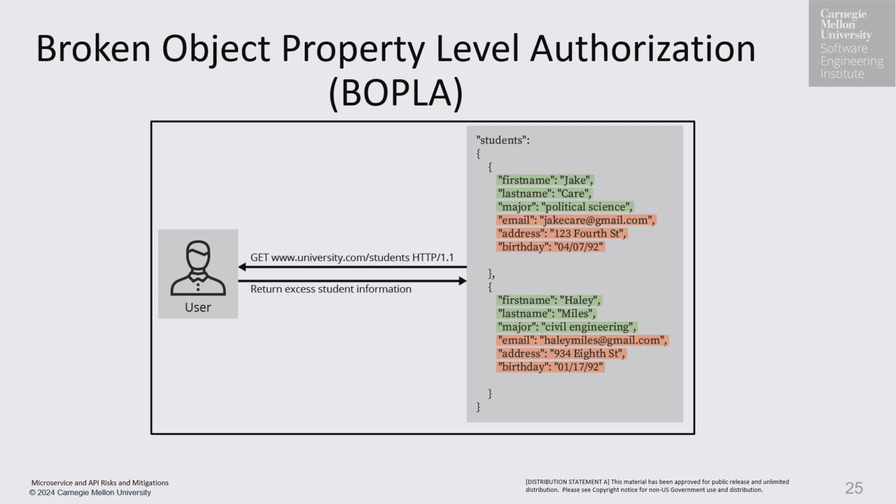Say, for example, you're on a university webpage and you're using their public API to view all of the students that have graduated that year. Some reasonable information for that API to give out would be the students' first names, their last names, and their major. But if that API also gives out their email, their birthday, and their physical address, then that's more information than you should be seeing. And that is a broken object property level authorization issue.